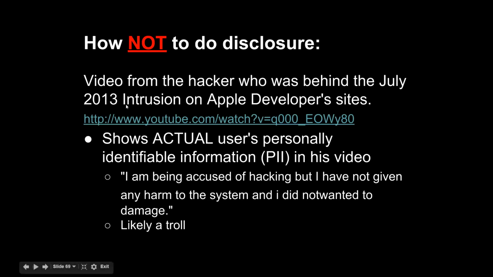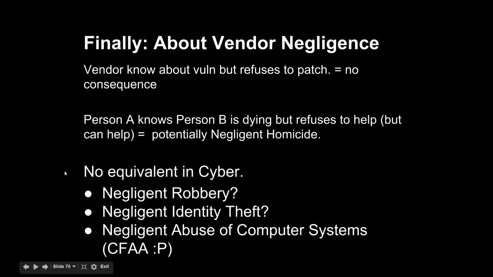And this guy puts together a YouTube video, uploads it, and he's showing himself accessing other people's accounts, but he's doing this and recording in this video all of their personally identifiable information, and it's a very unprofessional way to do disclosure, to show off you accessing someone else's information in your report and then publishing it out in the open as opposed to sending it to the company in a responsible manner. This is something you should avoid doing.